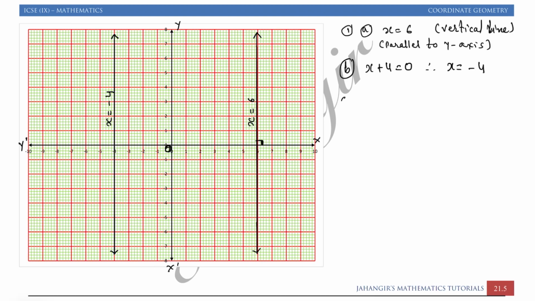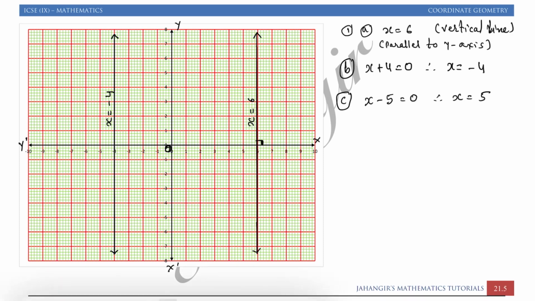C question, we have x minus 4, sorry, x minus 5 is equal to 0. So therefore x is equal to 5. So here we have to draw the line x equal to 5. So x equal to 5 is over here. See, I have circled it, but I have to erase that circle, and I will draw a vertical line from x equal to 5. See, it's not correct.